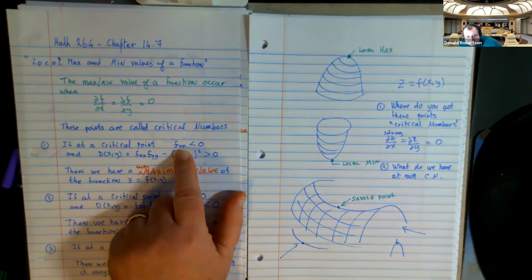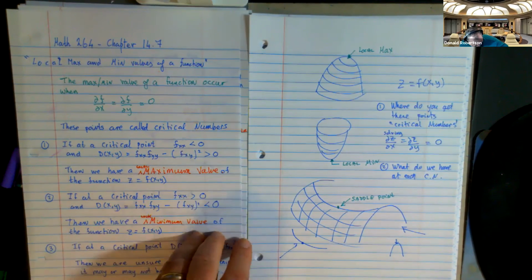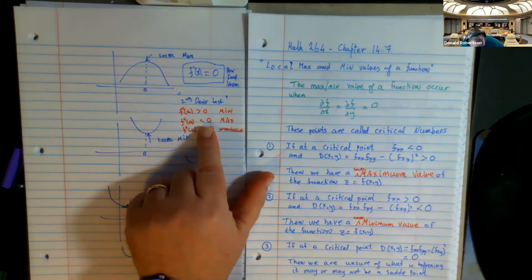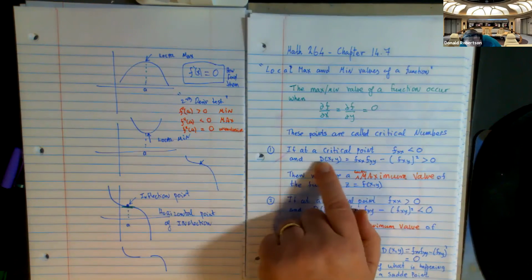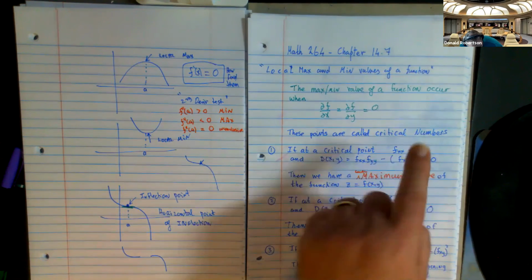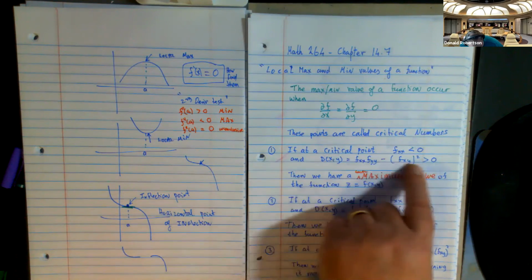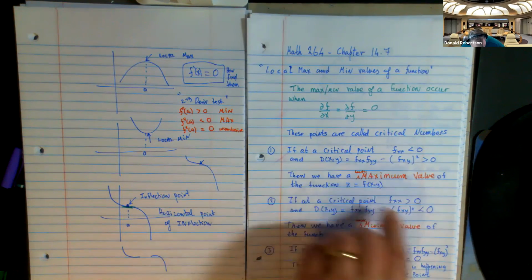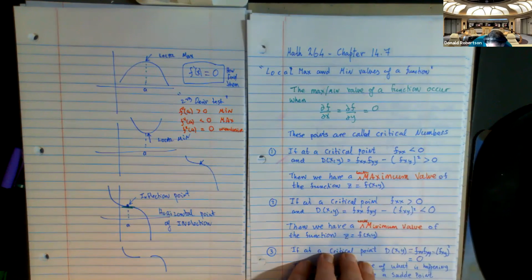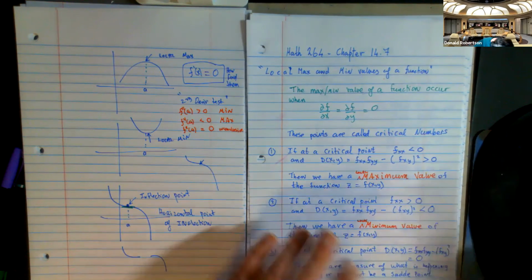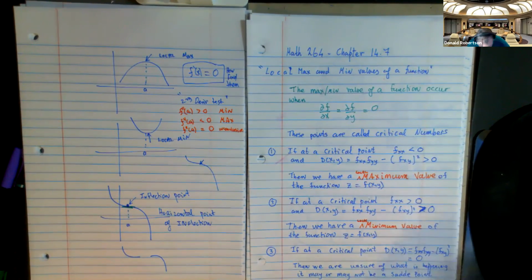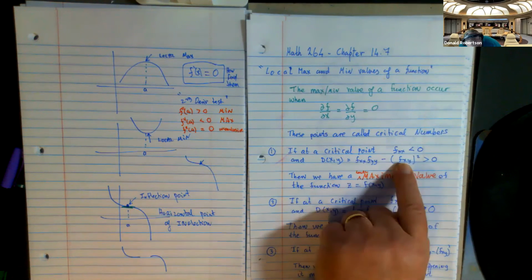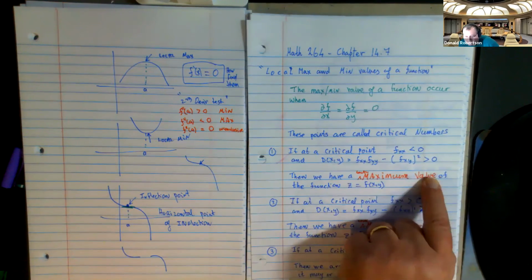If that second partial derivative is negative, don't jump the gun too far, and this funny little guy here is positive, right? So if both of these are true, then you have a local max.